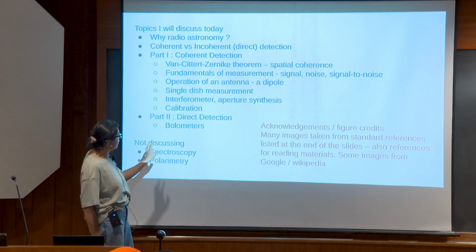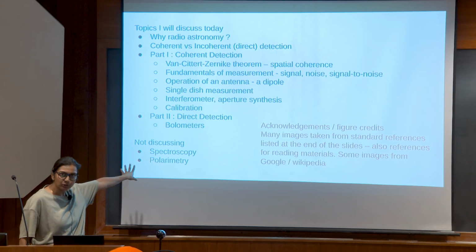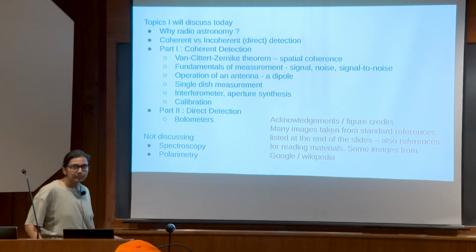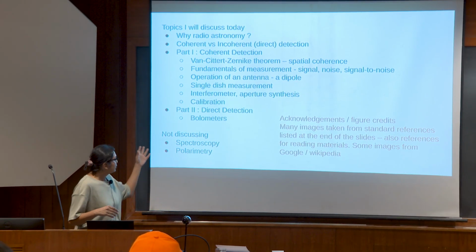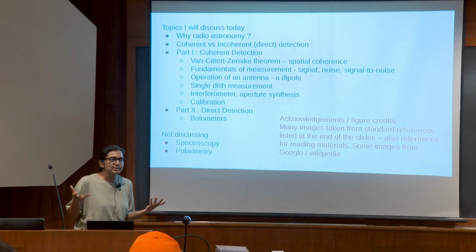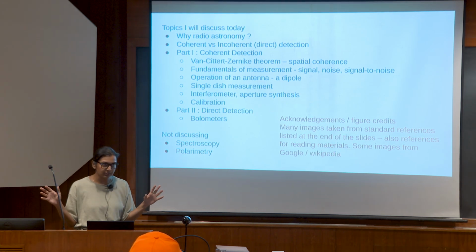And things I will not cover at all are things like spectroscopy in radio astronomy and polarimetry, but you should understand that, like all of astronomy, even in radio astronomy, what you're doing is sensing electromagnetic waves or some photons from astronomical sources.